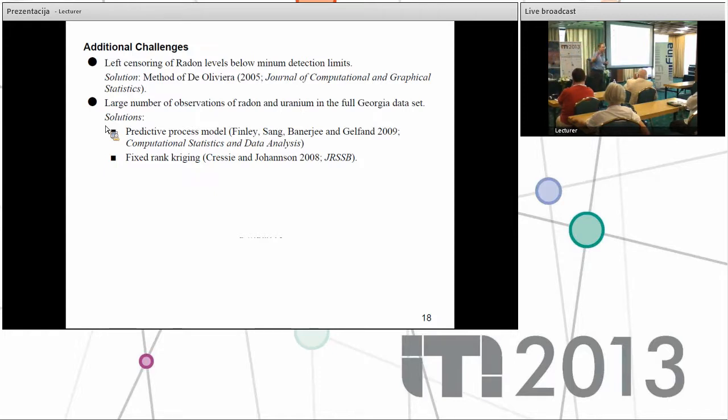There's basically a detection limit below which you essentially know it's between 0 and that limit somewhere. And actually, one should take that into account. There's substantial censoring in the radon values. There's a Bayesian method that de Oliveira came up with some time ago that we could apply here. I've also done a non-Bayesian approach myself and published, but we'll get into that.